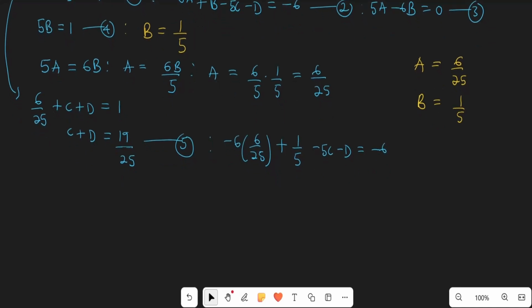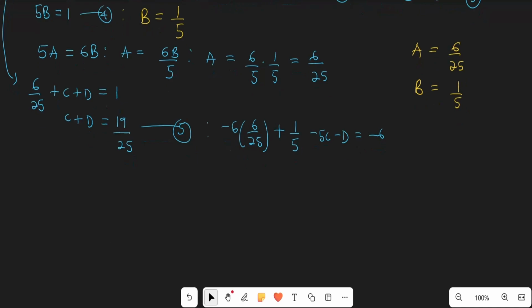So now let's try to simplify this. This one is negative 36. Right, so this one is going to be, I'm going to continue from here, negative 36 over 25 plus 1 over 5. 1 over 5 can be written as 5 over 25. I'm sorry about that. That is 1 over 5. And now minus 5C minus D.